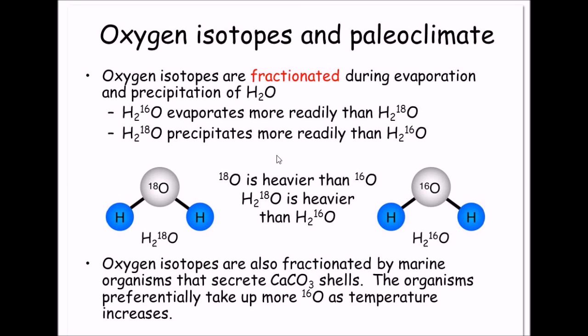As it cools, the heavier oxygen-18 water molecules will condense before the lighter oxygen-16 water molecules. So it starts to rain. You'll rain out most of the oxygen-18 molecules, whereas the lighter oxygen-16 water molecules will end up falling as snow or ice further up in the mountains.